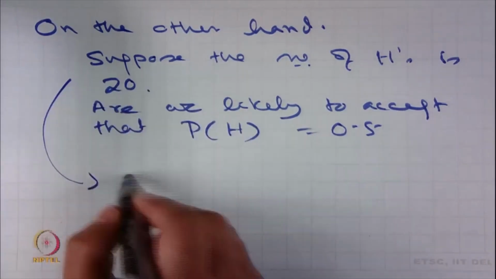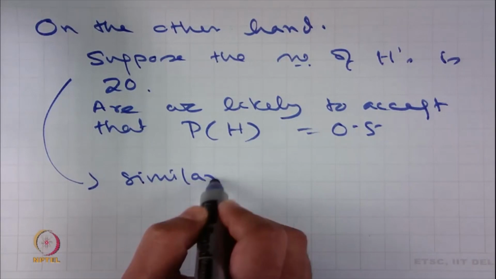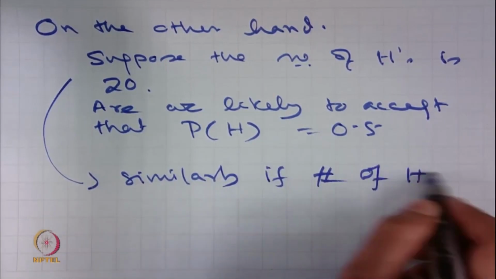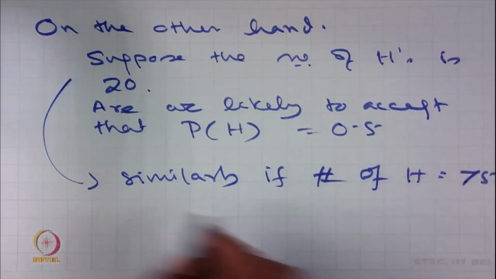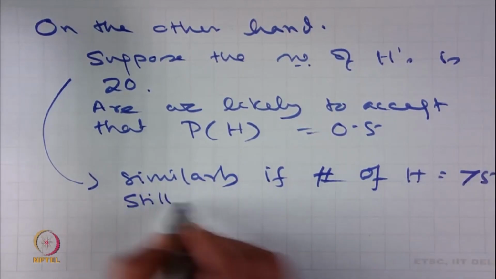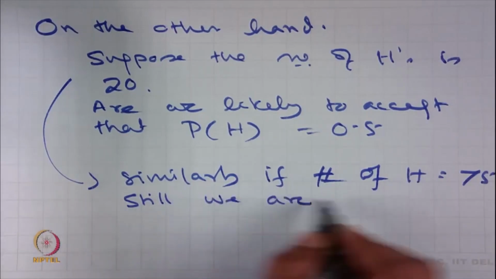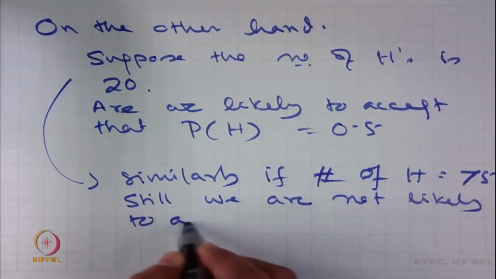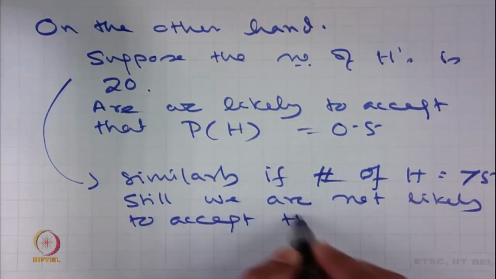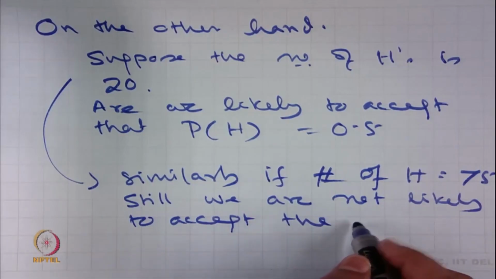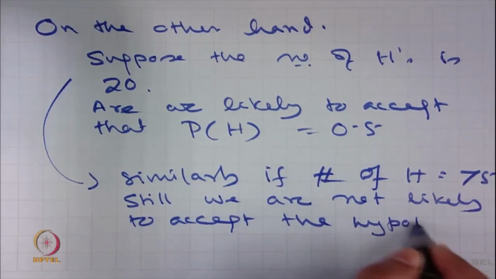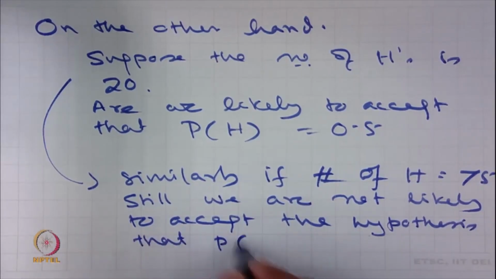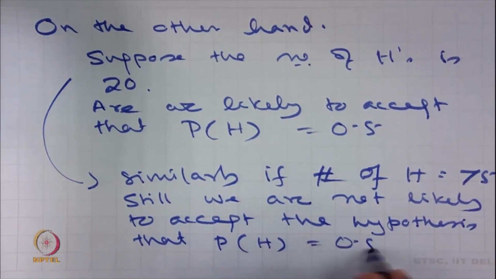Similarly, if the number of heads is say 75, still we are not likely to accept the hypothesis that the probability of head is equal to 0.5.